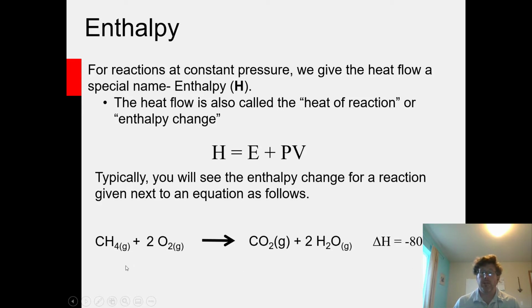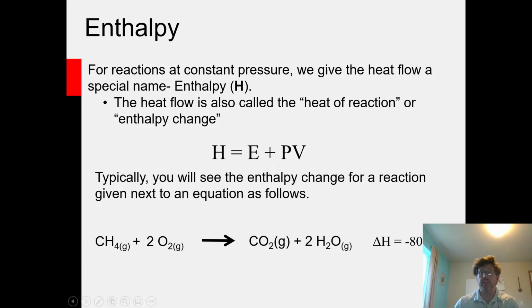So our thermochemical equation says 1 mole of methane reacts with 2 moles of O2 to give us 1 mole of CO2 and 2 moles of H2O, all in the gas phase. And the enthalpy change delta H for this reaction is negative 802 kilojoules. Burning 1 mole of methane releases 802 kilojoules of heat out into the surroundings, out into the universe.